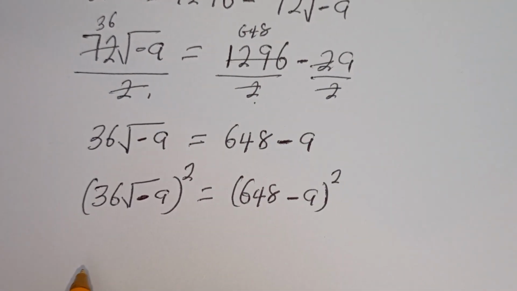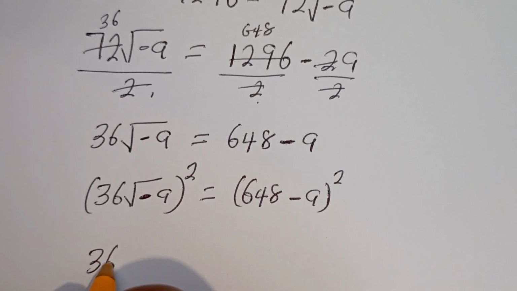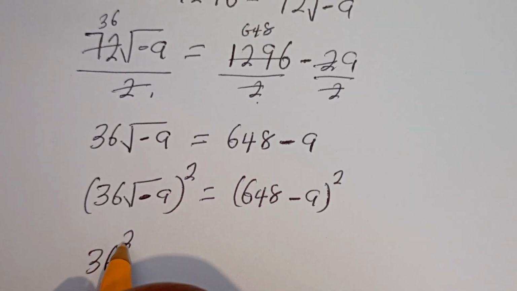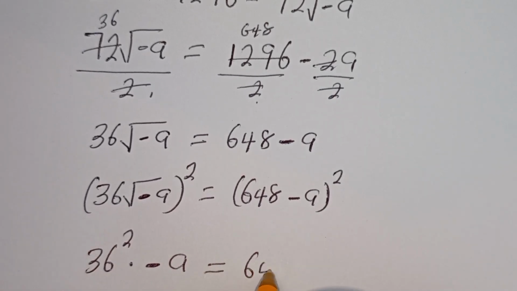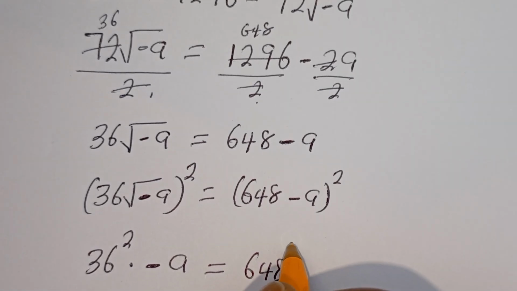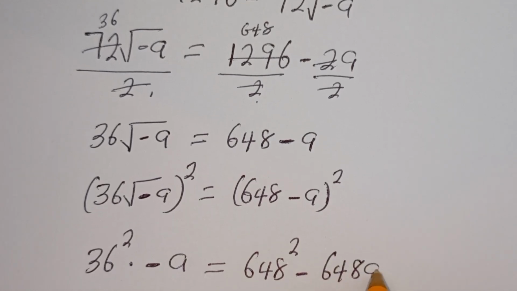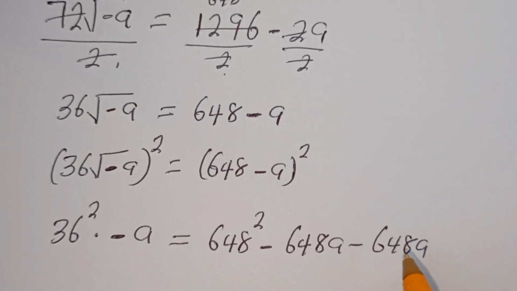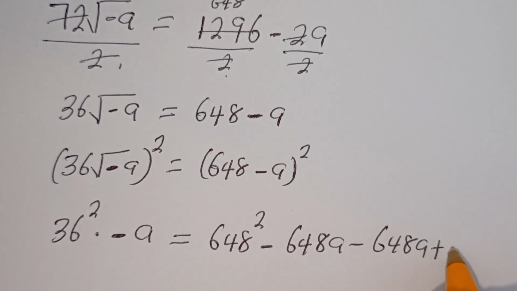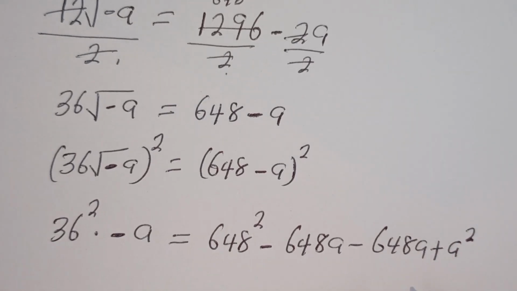Then here we have 36 squared, then multiply by this minus a, will be equal to 648 squared minus, the whole of this is 648a, then minus 648a, then plus a squared.